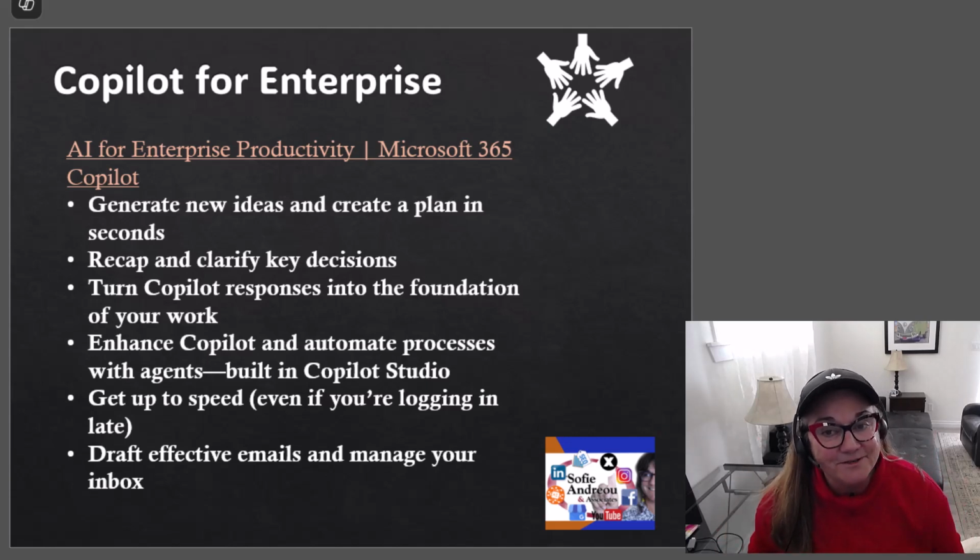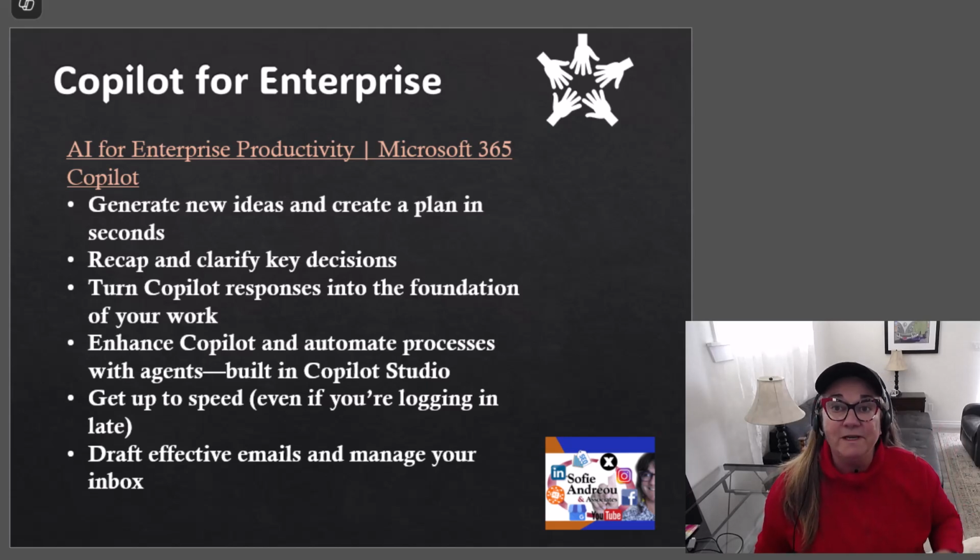Copilot is where I'm going to start. So Copilot has three different versions. One is the browser version that we've been using to ask questions to, and it's been replying to us. So the AI browser version. And then Microsoft, because they created Copilot, has it integrated into their applications that we use every day.